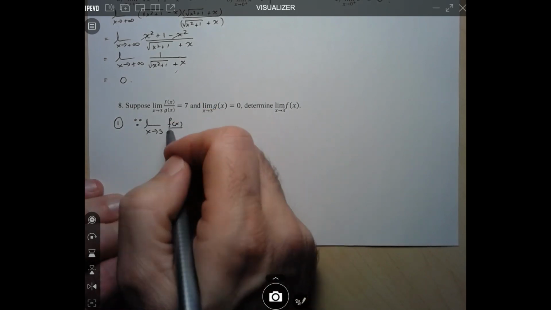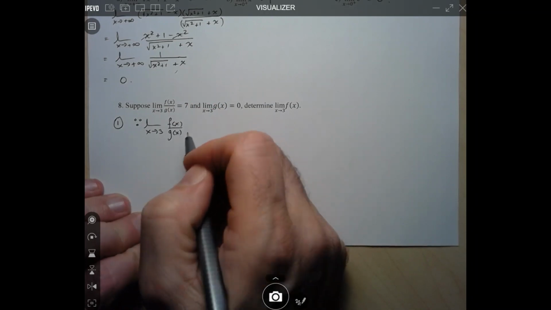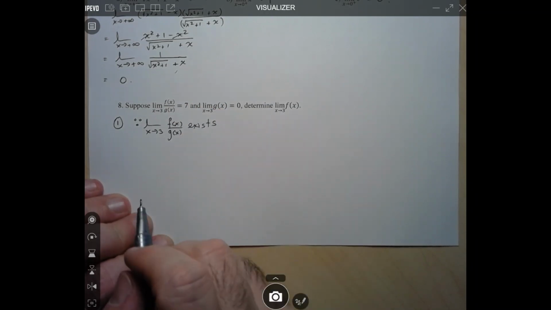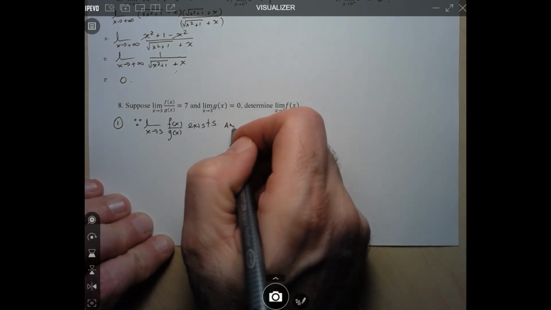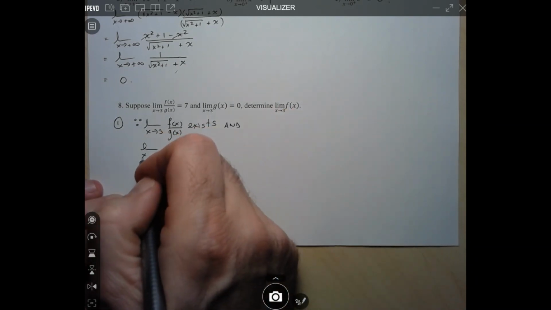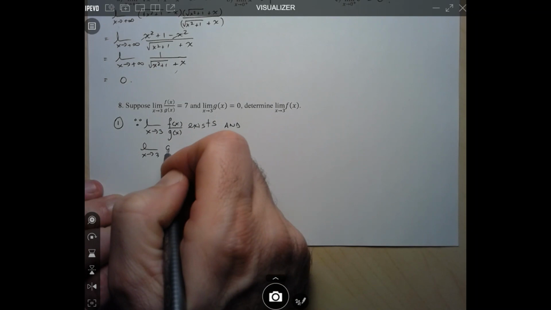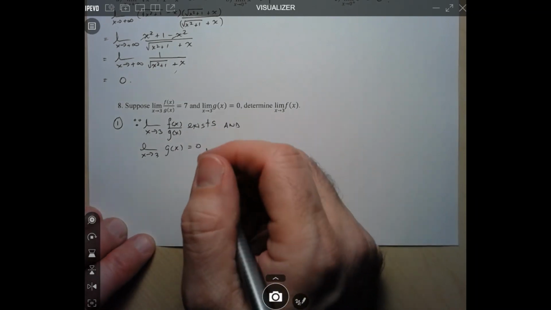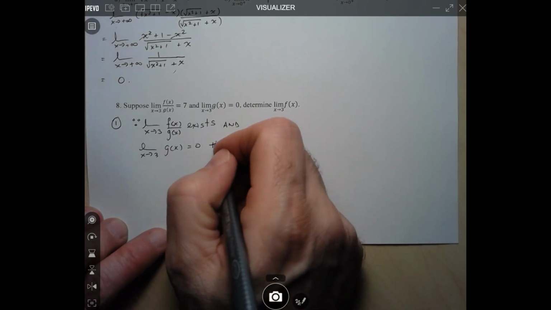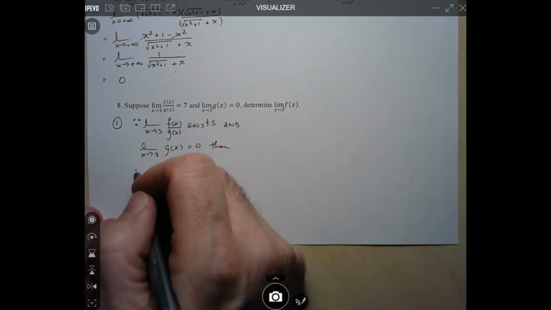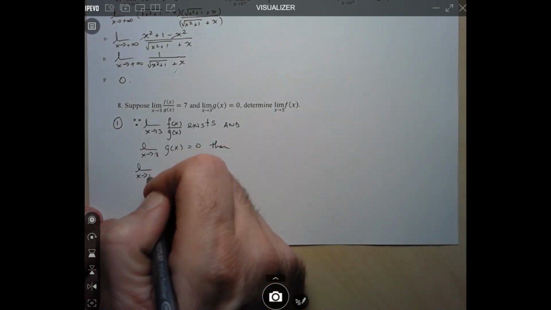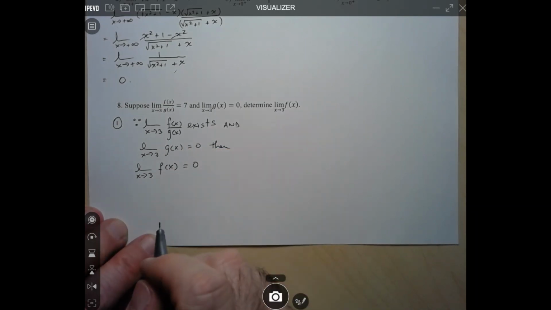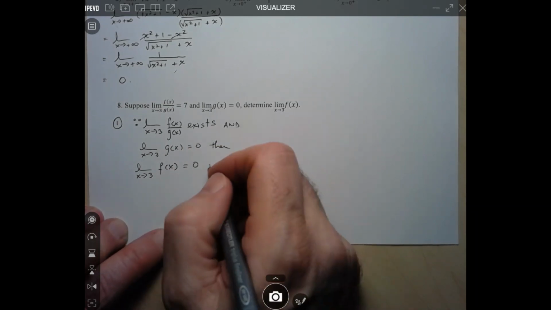The fact that it's equal to 7 is of really no consequence. The only thing that matters is that the limit exists, and we know that the limit of the denominator is equal to 0. The only thing that can happen is that the limit as x approaches 3 of f(x) must also be equal to 0.